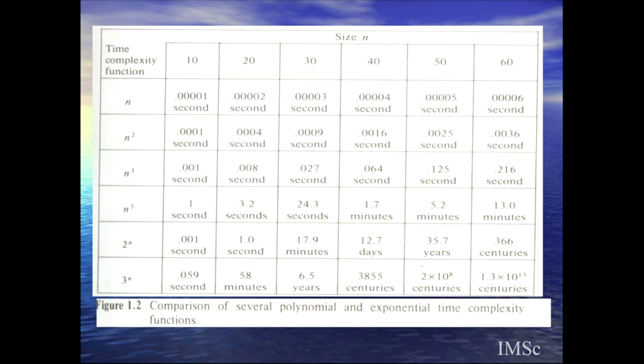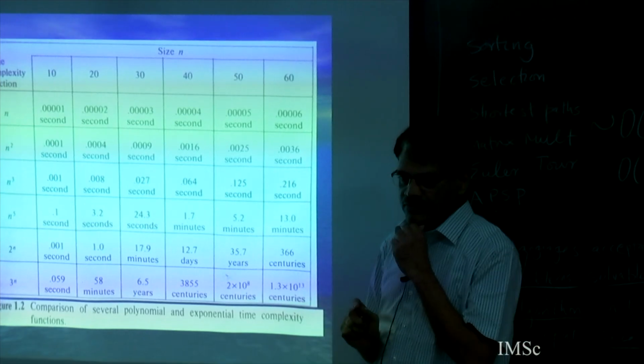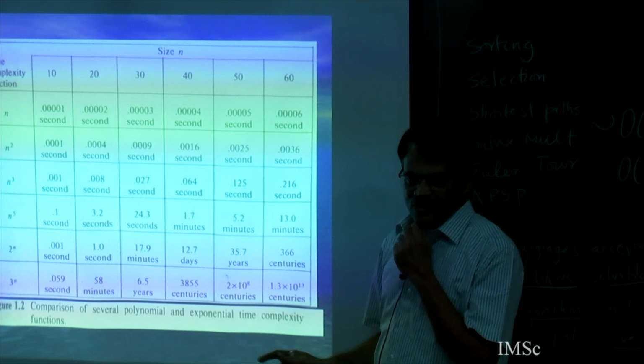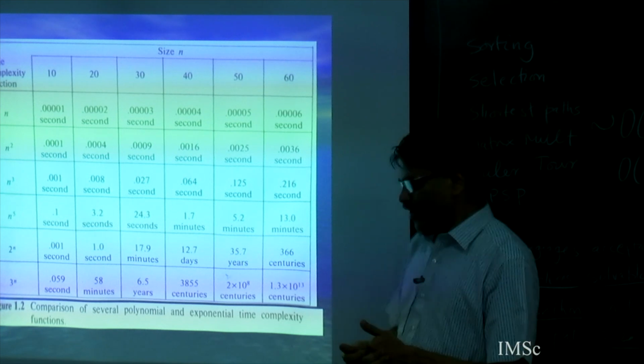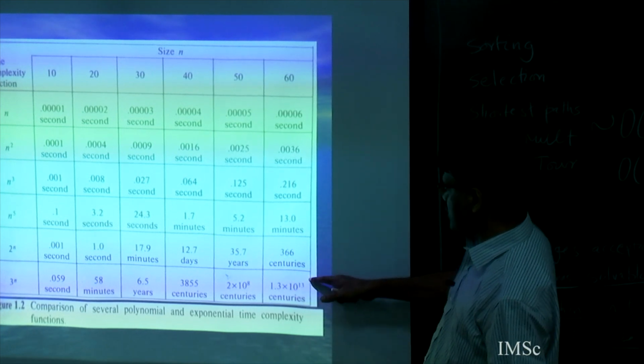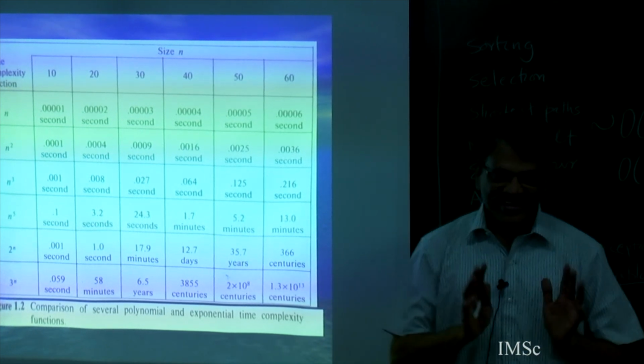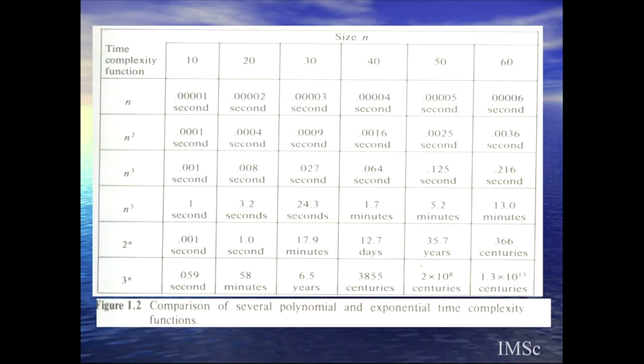So this is the story. For a problem of size 60, if you have a 3 power n algorithm, the chromatic number for n even 60 is going to take you so many years. Okay. This is 40 years ago. Let's say computers are 1,000 times more powerful. Okay, so it's not going to take you 10 power 13 centuries, but it will be like 10 power 10 centuries, or 10 power 9 centuries. Okay, that's absolutely no consolation.